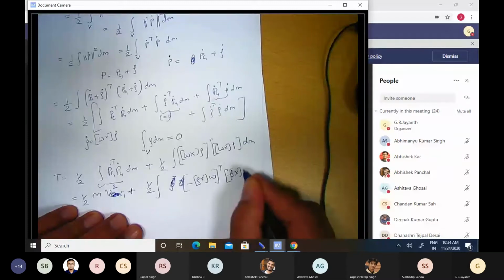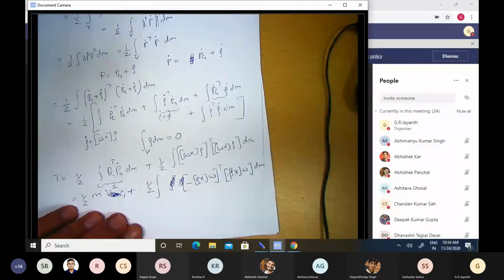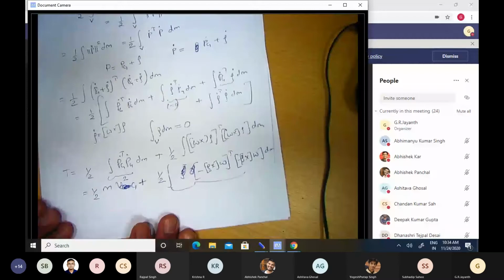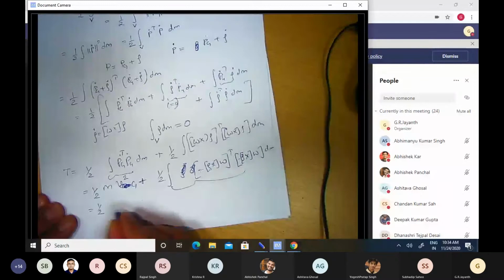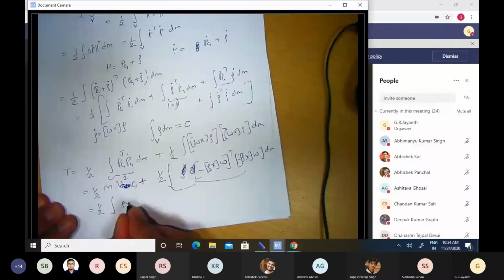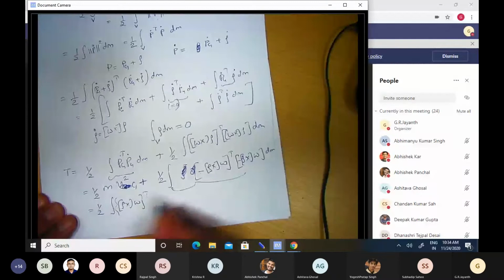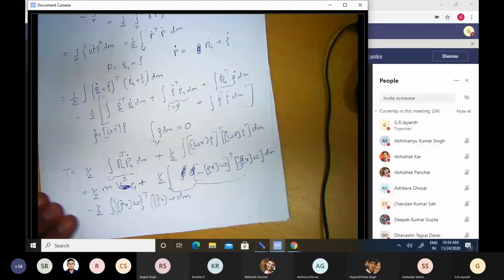So I'll just focus on this term here. Minus times minus becomes plus, so this is just equal to half integral rho cross omega transpose times rho cross omega dm. And as I said, rho cross omega transpose is omega transpose rho cross transpose.